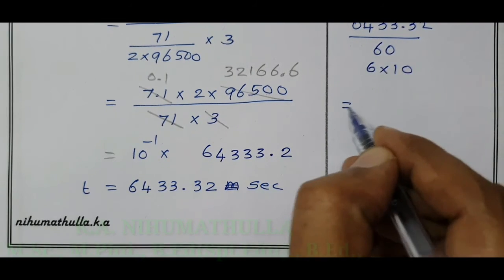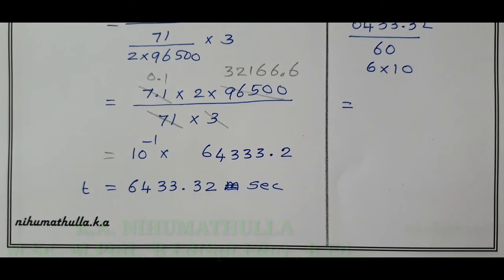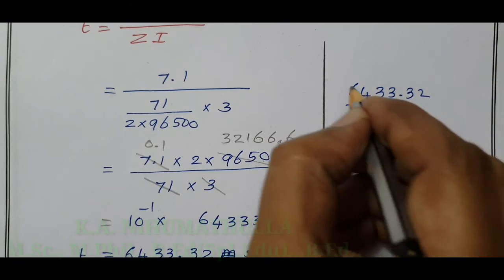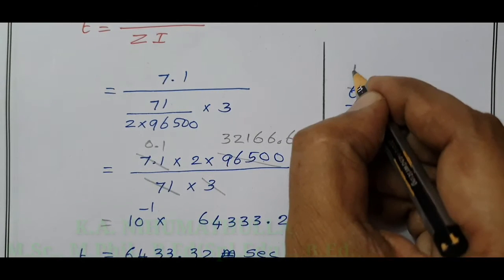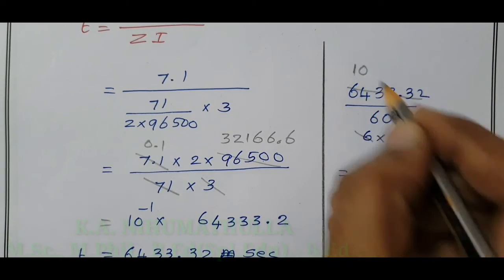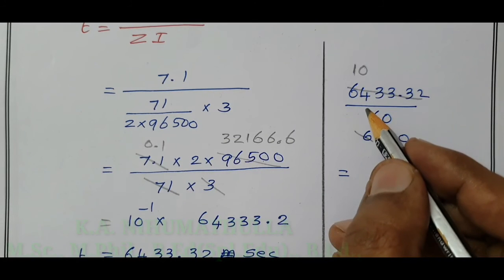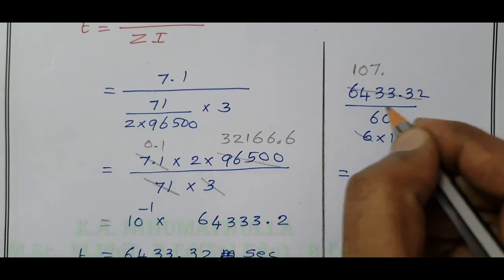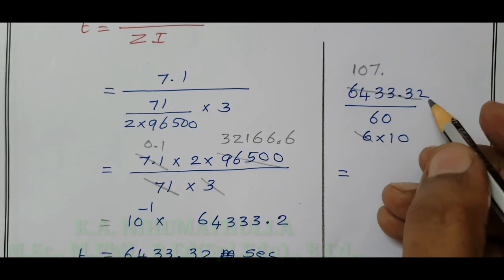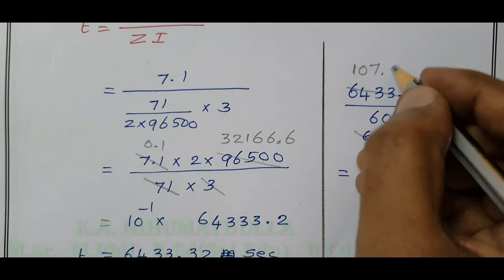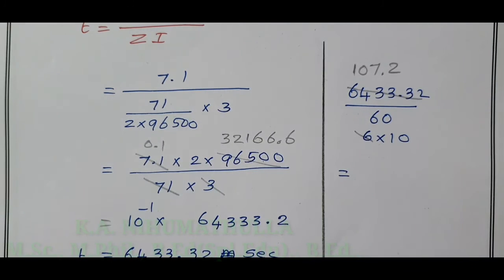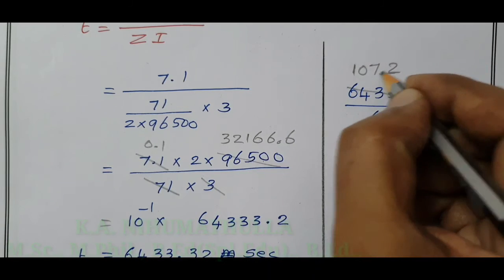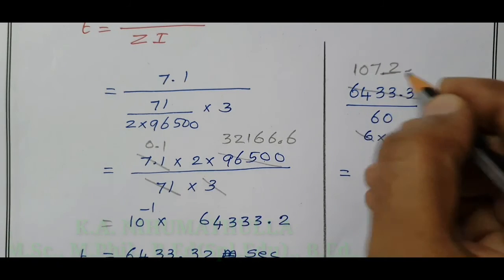So we can cancel with the 6 first. 6433.32 divided by 6 gives 1072.22 and goes on.